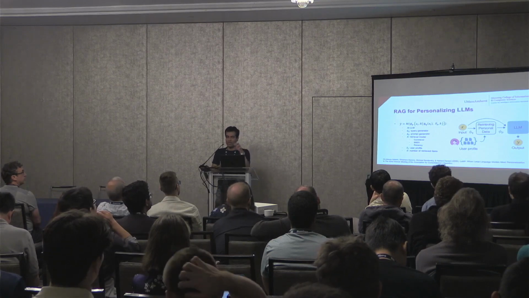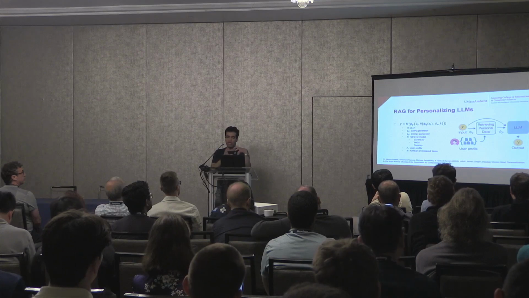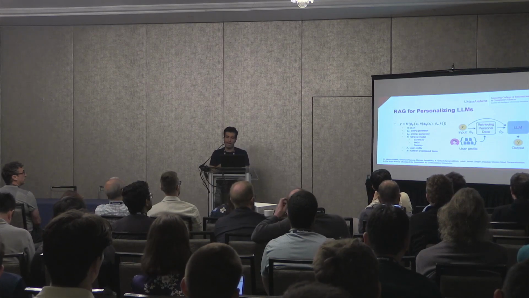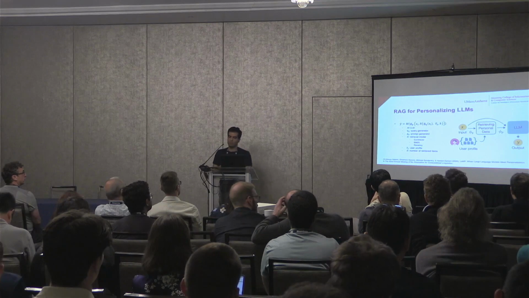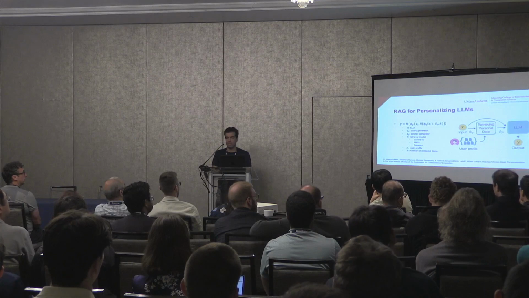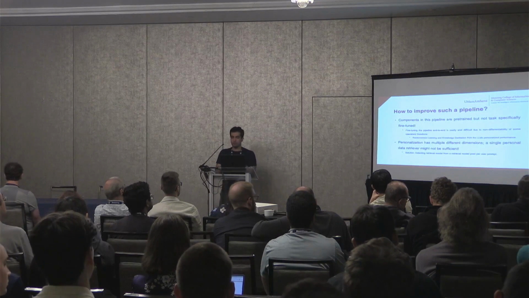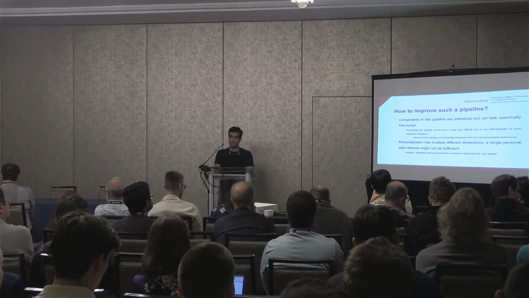And we use the retrieved document to basically create a personalized prompt and then feed it to the large language model to get a personalized output. In this work we used Contriever, BM25, and Recency as the retrieval models. But how can we improve such pipelines?